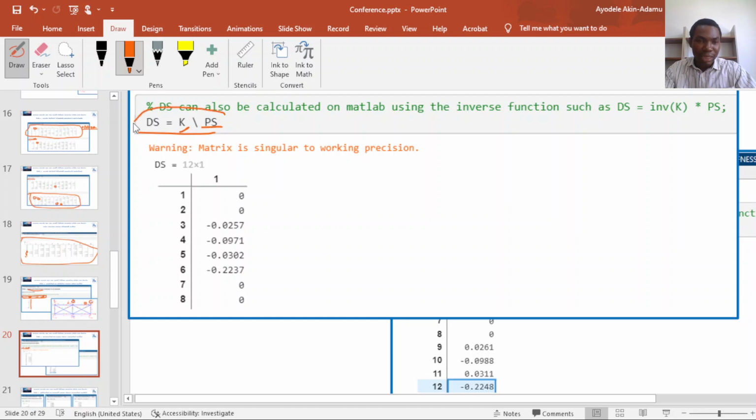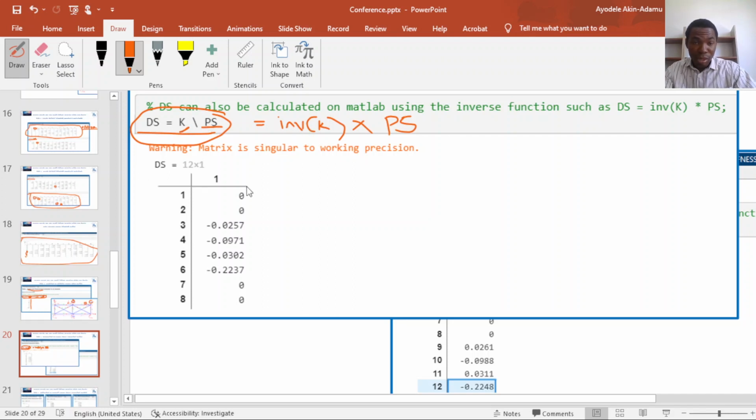You can write it like this, or you can also write it the normal way I used to write it: inverse K multiplied by PS. PS is our force vector, which we defined. So they work in the same manner. Either you write it K slash PS, or you write it like this.